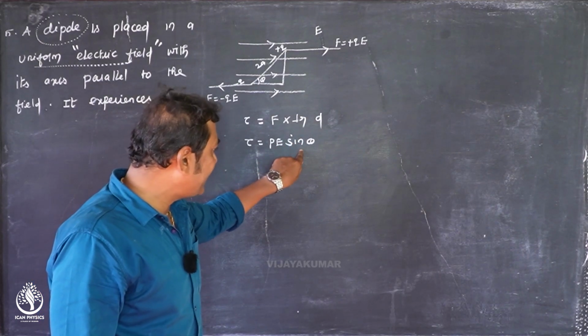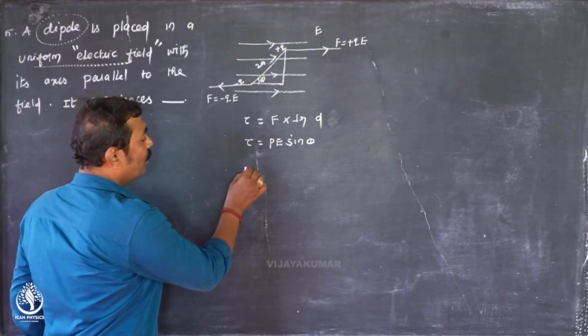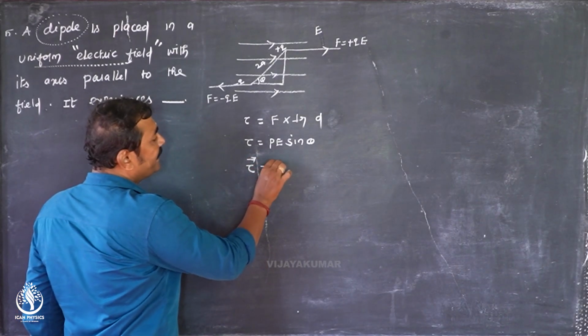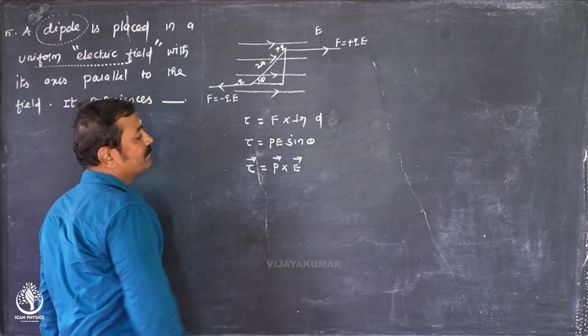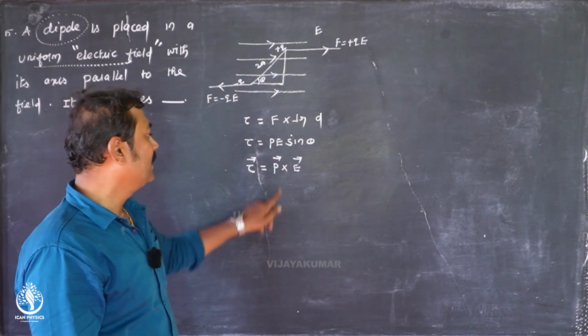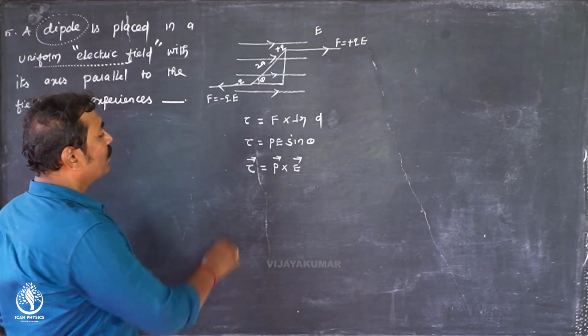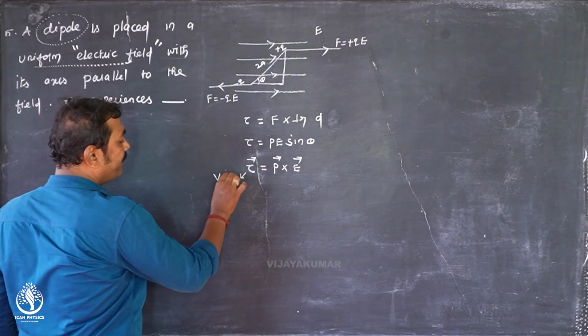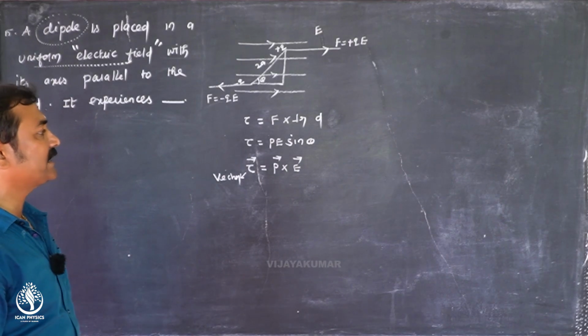Now, we can represent this in vector form: tau vector equals P vector cross E vector. The cross product of two vectors is a vector, so torque is a vector. Now we can solve certain problems.